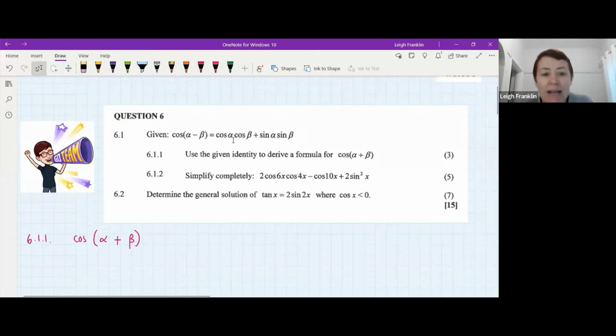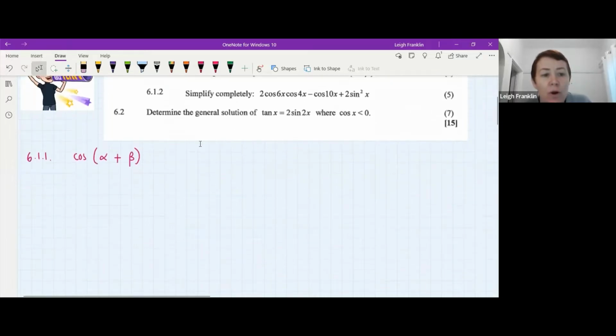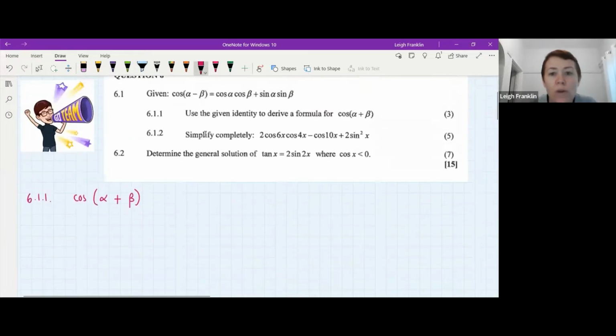Now we need to work with the sign in the middle so that we can change that. We're going to manipulate what we see here and write this as cos alpha minus beta, because a negative and a negative is going to give us this positive over here.